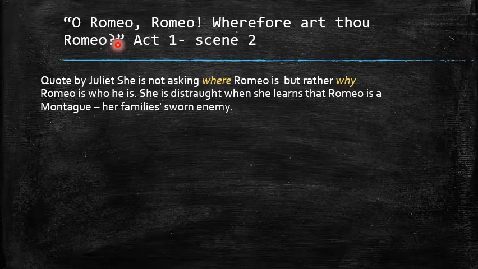Many learners think that she is saying, O Romeo, Romeo, where are you, Romeo? But what she's actually saying is, "Oh, Romeo, Romeo, why are you Romeo?" She is not asking where he is, but instead she is asking why he is who he is. She is distraught when she learns that Romeo is a Montague, her family's sworn enemy.